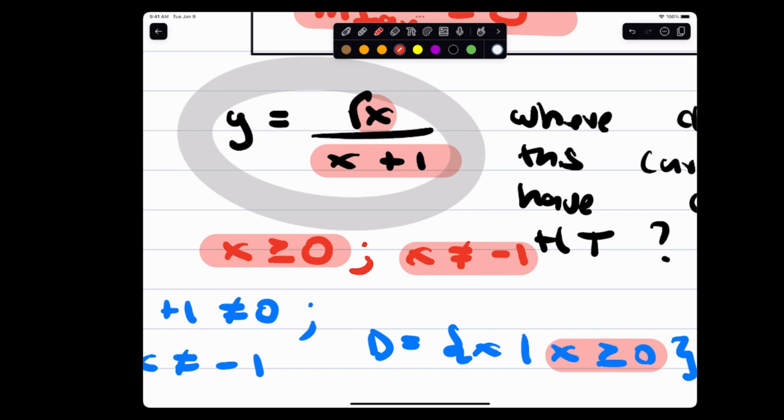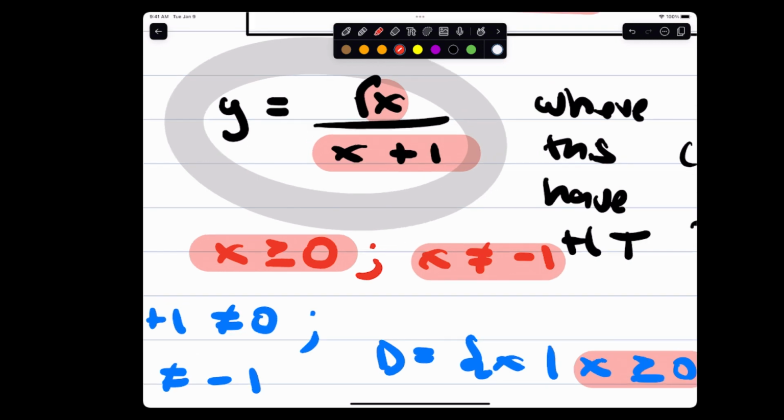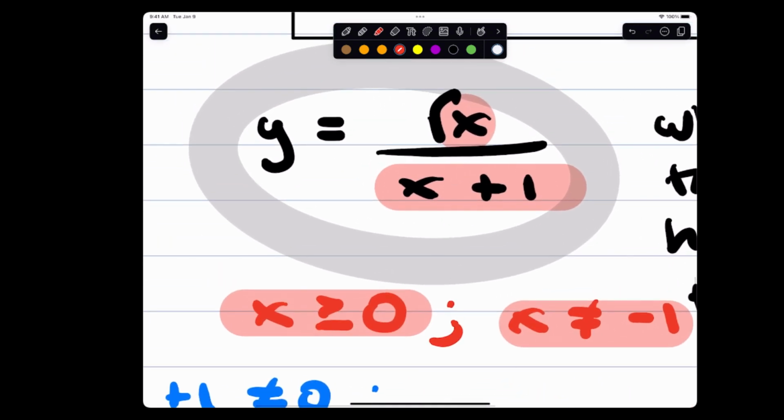You only care about whether x could be a positive 3 or a positive 1, because you're talking about the values of x for which this thing is defined, because you have that square root here. Anything you put under the radical has to be defined. So when is the square root ever defined?